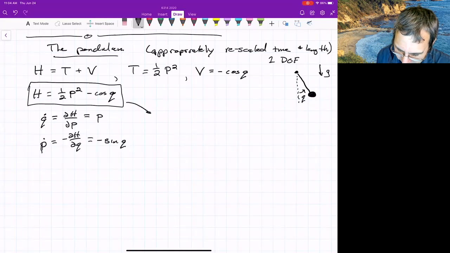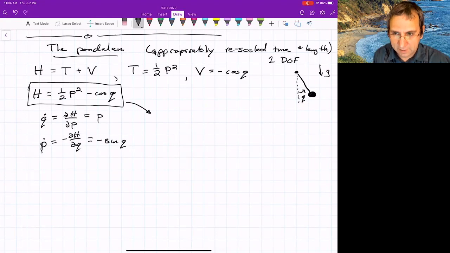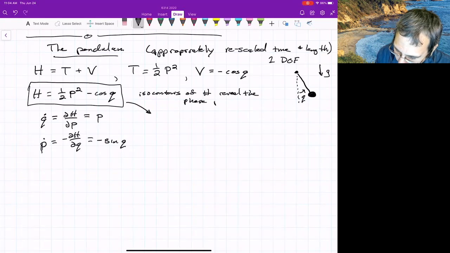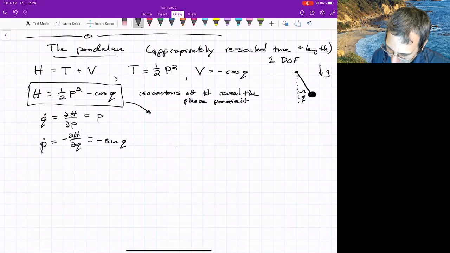H is just a function; we can interpret H as a height function. And we could look at isocontours, level sets of H, and that will reveal the phase portrait. It won't give us the direction of the arrows, but it'll give us plenty of information.